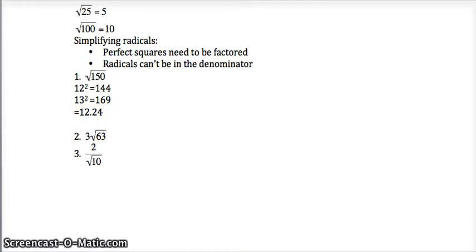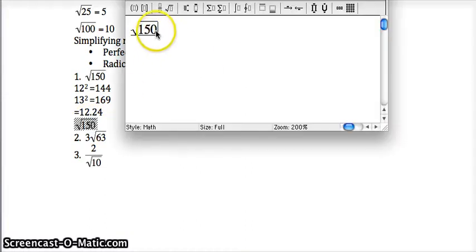So we'll start working here. So the square root of 150 is equal to the square root of 25 times 6. 25 is a perfect square, so the square root of 25 is equal to 5.